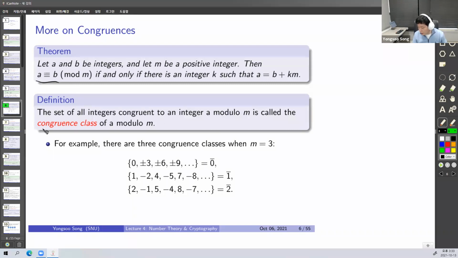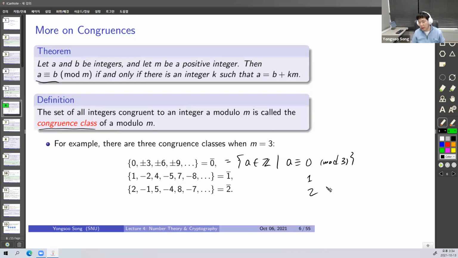And we also defined what's called the congruence classes of a modulo m. So for example, if m is the integer 3, there are 3 congruence classes denoted by 0 bar, 1 bar, and 2 bar. The 0 bar class is the set of integers such that a is congruent to 0 modulo 3, and the same applies to 1 and 2.